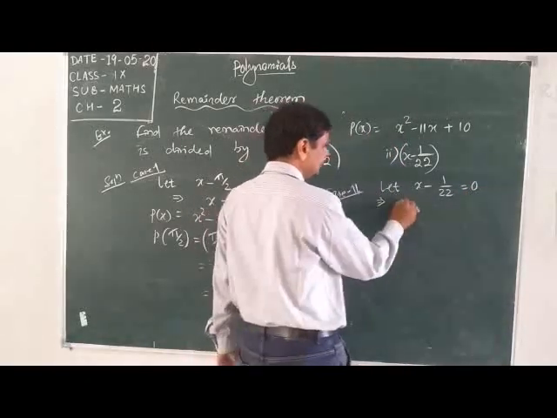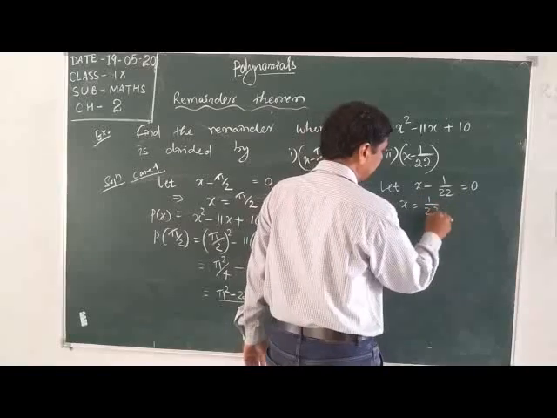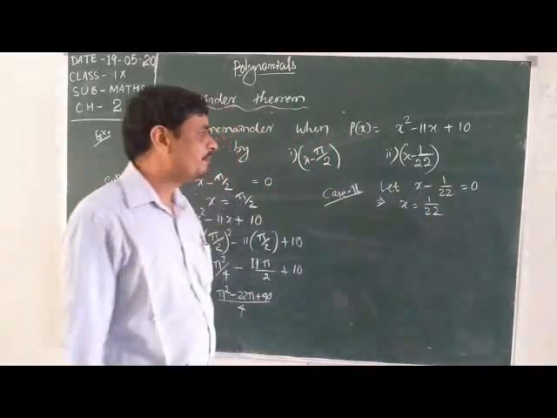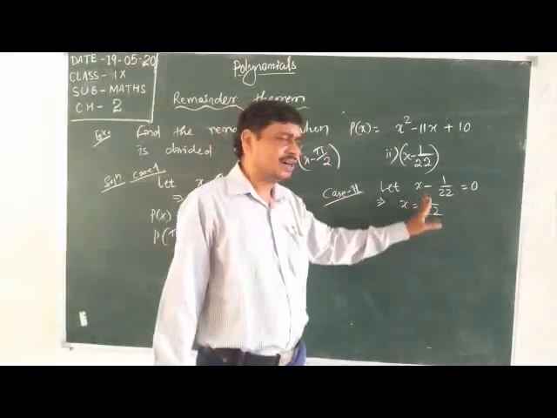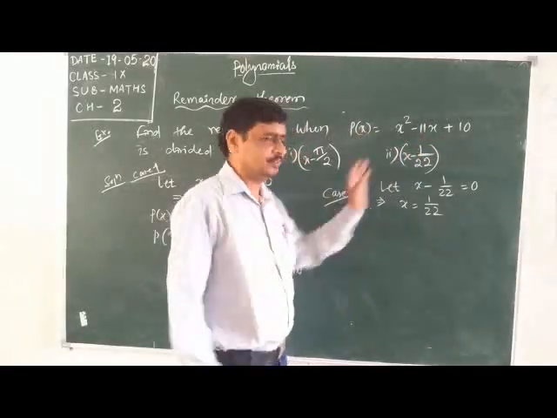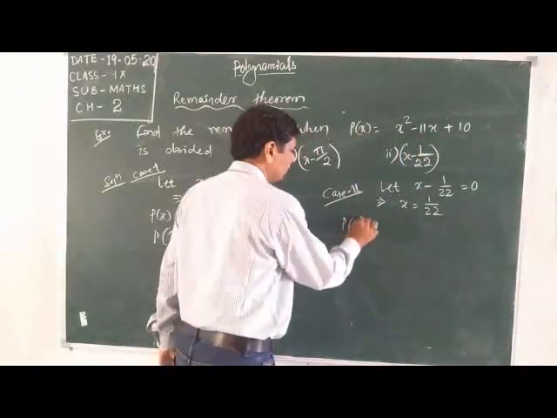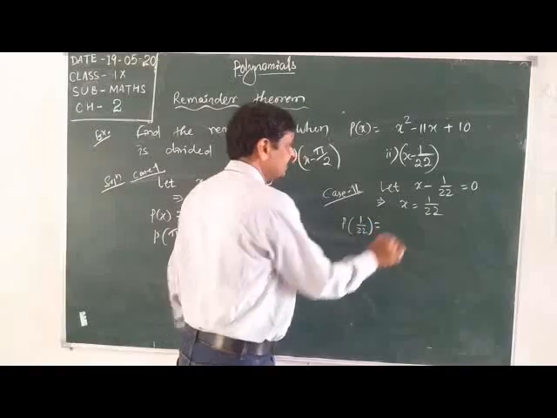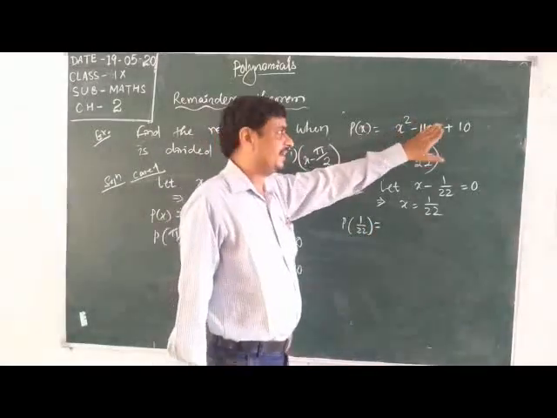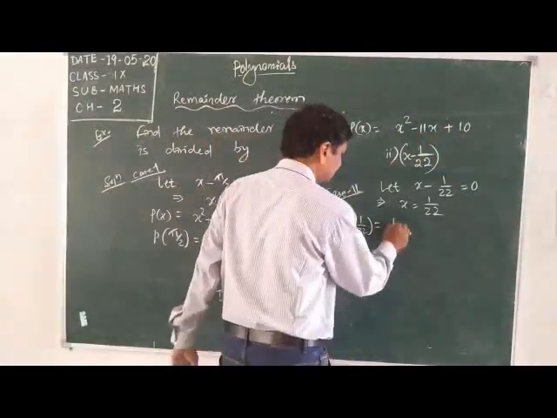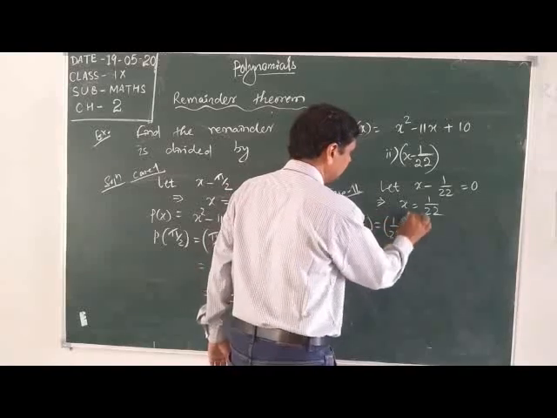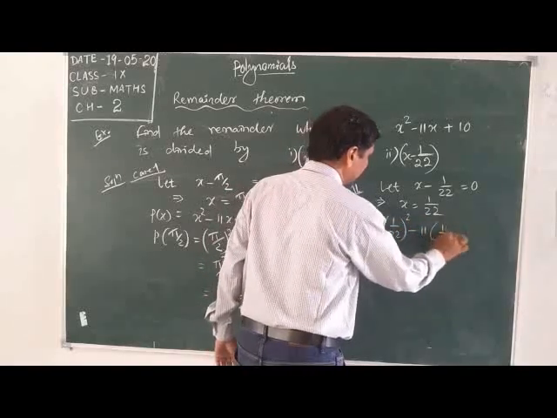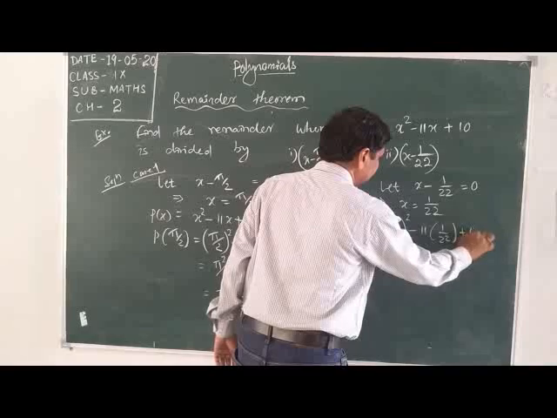This implies x equal to 1/22. Now, we will put this 1/22 in our polynomial, that is P(1/22) = x square minus 11x plus 10, which can be written as (1/22) whole square minus 11 into 1/22 plus 10.